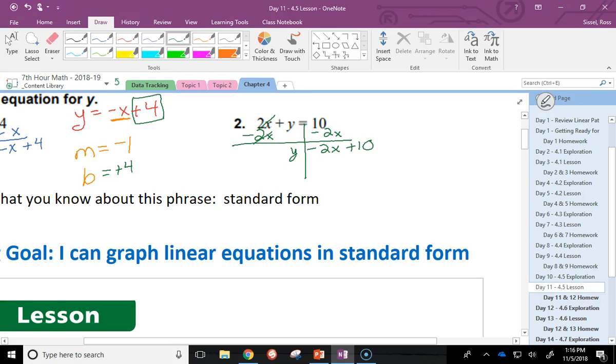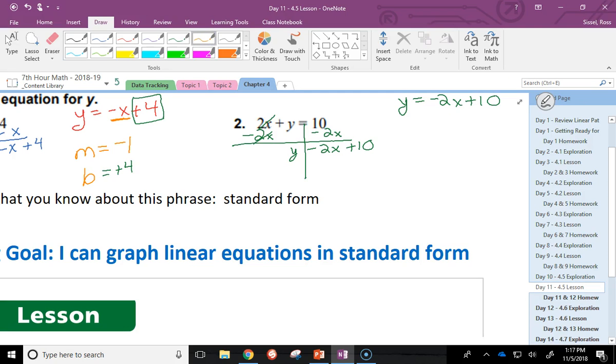I know one of the mistakes was people a lot of times want to say 8x. Remember, I cannot subtract the negative 2x and the 10. They are not the same. One is a variable, one is a constant. So I have y equals negative 2x plus 10. Good.